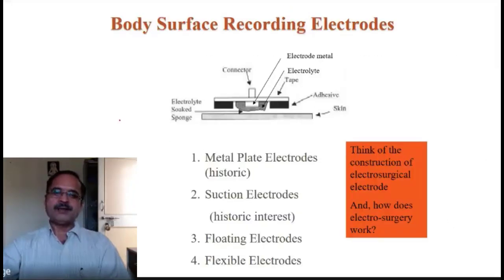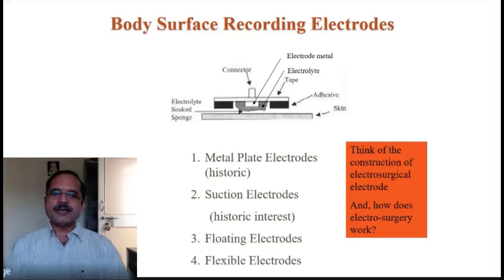Now we'll discuss different types of electrodes. Earlier we discussed that there are mainly three types of electrodes: the body surface electrodes, microelectrodes, and needle electrodes. So we will discuss some of those.